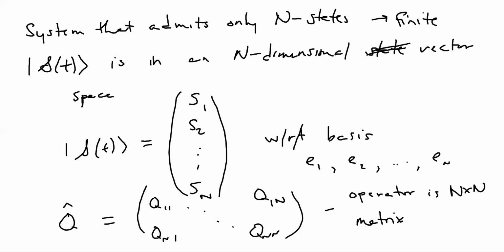And the operator acting on a vector just gives another vector, right? So with Dirac notation, if you've got an operator, I'll just be lazy and write it like this, acting on a vector, you're going to get another vector.